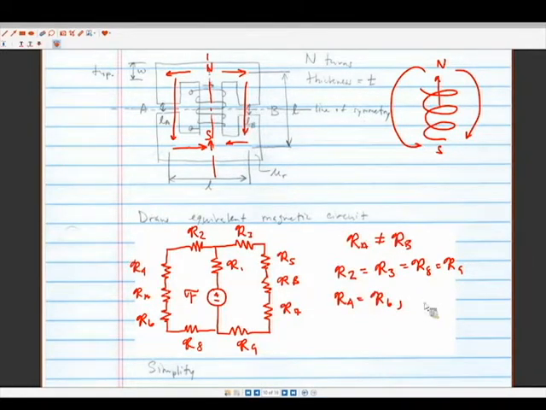And then we have R5 is equal to R7. Yes? How can we assume that R5 and R7... Yeah, I didn't mention, the drawing has a line of symmetry here, so that would be why.